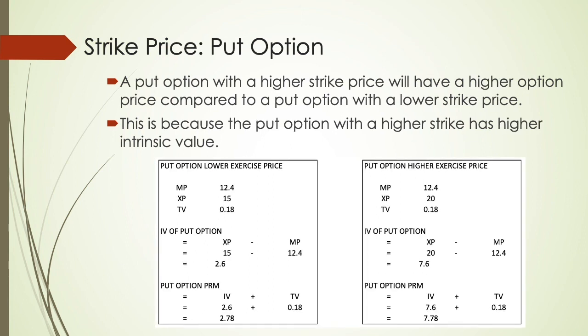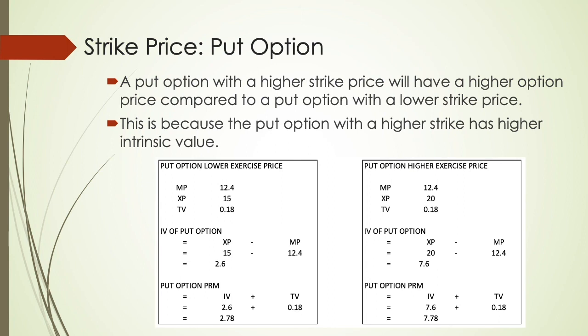Alright, for the strike price for put option, a put option with higher strike price will have a higher option price compared to a put option with a lower strike price. This is because the put option with higher strike price has higher intrinsic value. So if you look at this example, we have two put option. The first put option, the exercise price is 15. The second put option, the exercise price is 20.